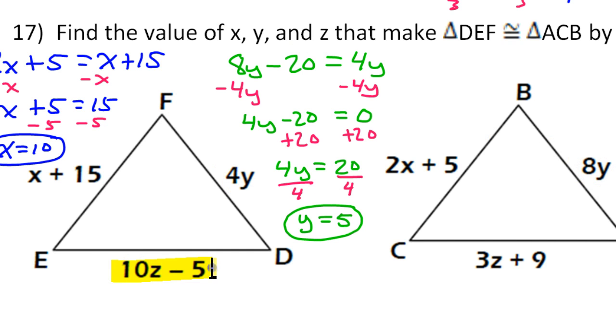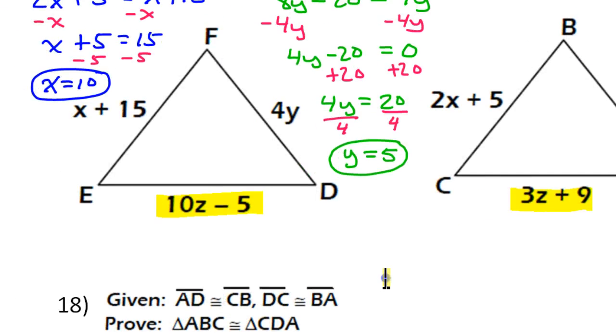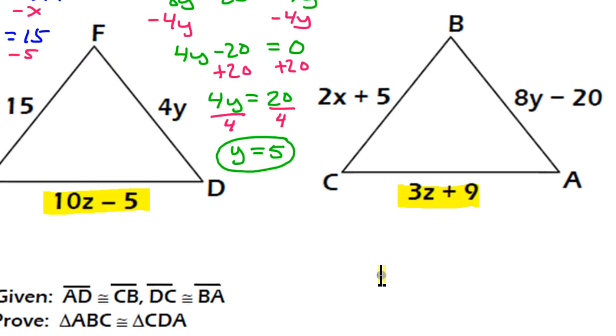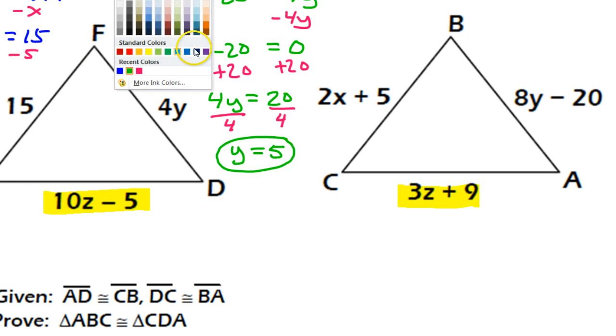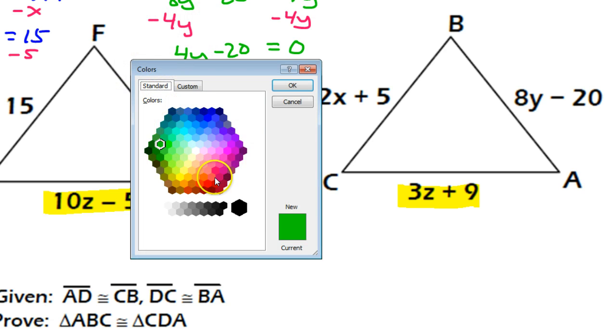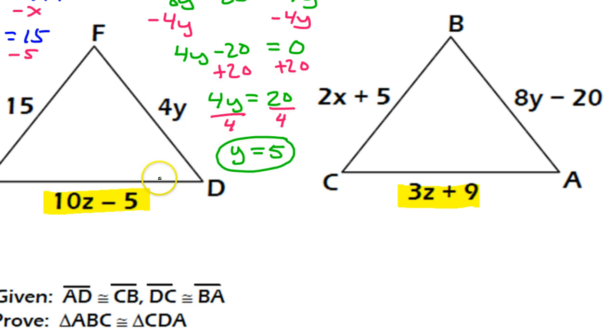So we have a z expression here, and we have a z expression here. Those are corresponding, so we should be able to set those equal to each other as well. So 10z minus 5 should equal 3z plus 9.